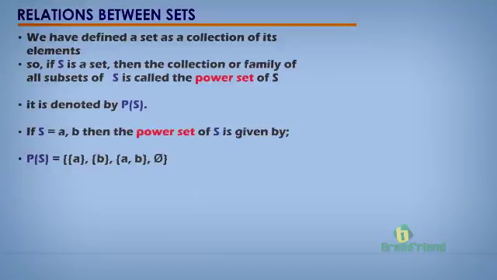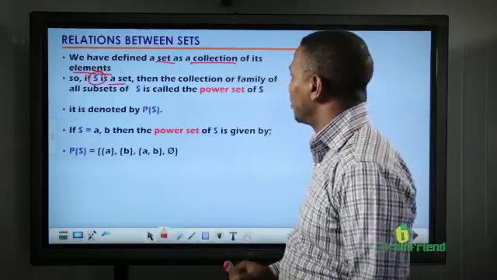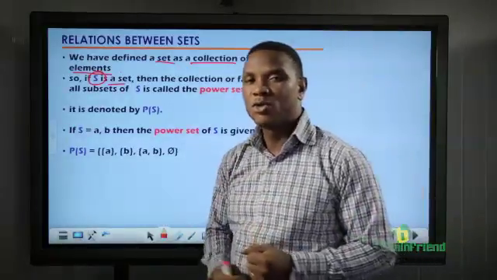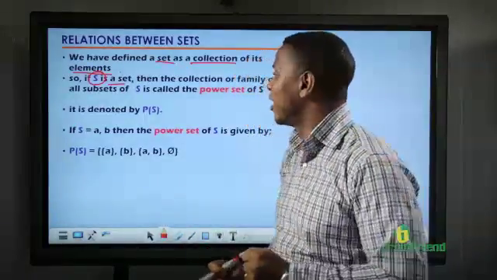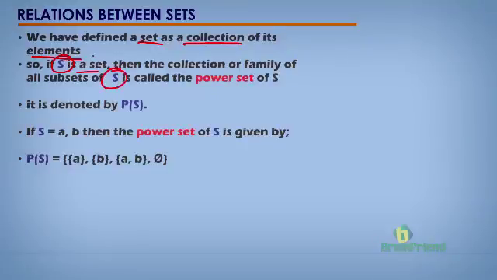So far we've defined set as a collection of its elements. If S is a set, then the collection or the family of all subsets that we can have for that set S is what is referred to as the power set of S.